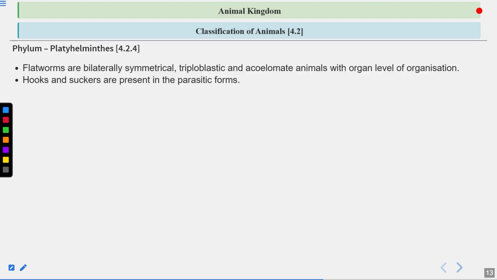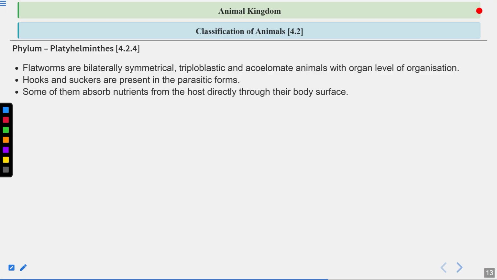Suckers: at the head region, they have suckers, so they can suck the food material from there. They get attached to the tissue and they can suck the food material. So hooks and suckers are found in the parasitic form of the worms that belong to the phylum Platyhelminthes.